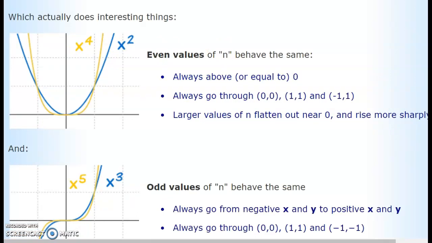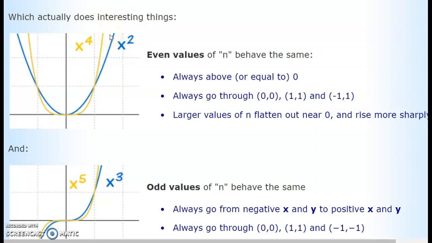Anything with an even degree, its end behavior is going to match. By end behavior, I mean what the graph does on the ends, on the left side and on the right side. So all even degreed functions match their end behaviors on the left and right. This one goes to positive infinity on the left and positive infinity on the right, so it continues to go up on both sides.